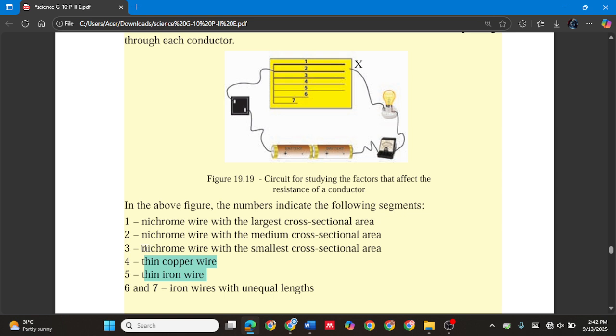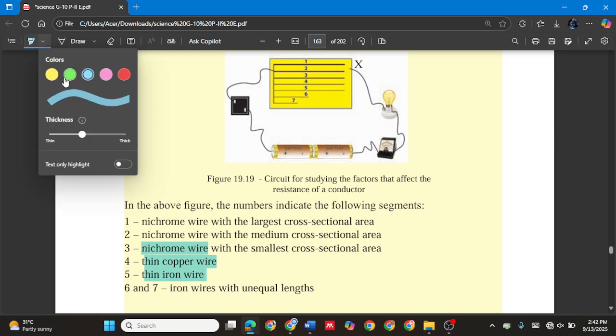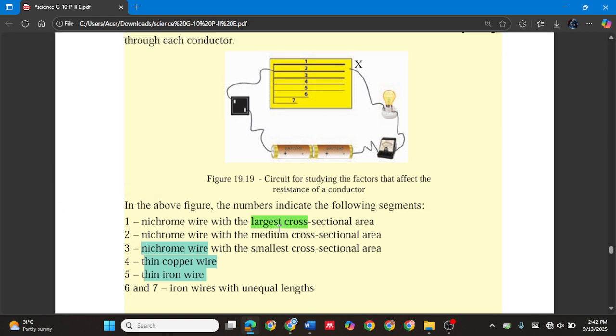So I think it is similar to this nichrome wire. And we are going to check 3 factors now. Here, the largest cross-sectional area, medium cross-sectional area and smallest cross-sectional area. That means 3 cross-sectional areas in the same material.